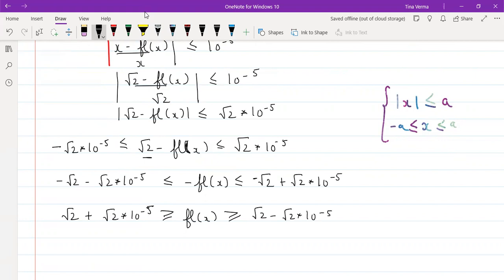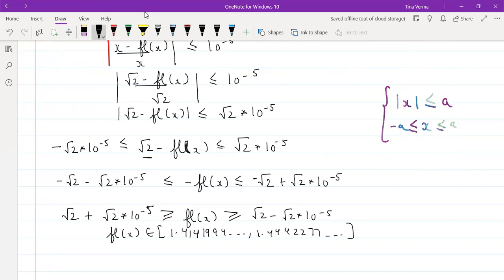So when you solve this, you will get the interval. Only if you approximate root 2 in this interval, then you can get the relative error at most 10 raised to the power minus 5.